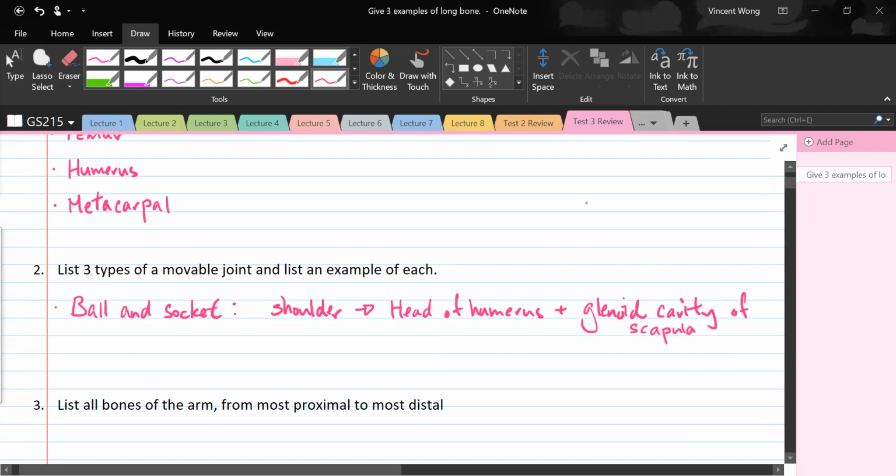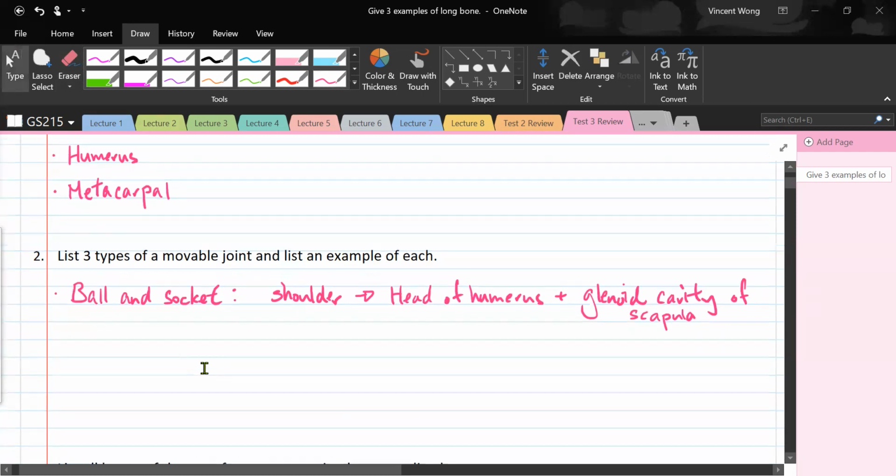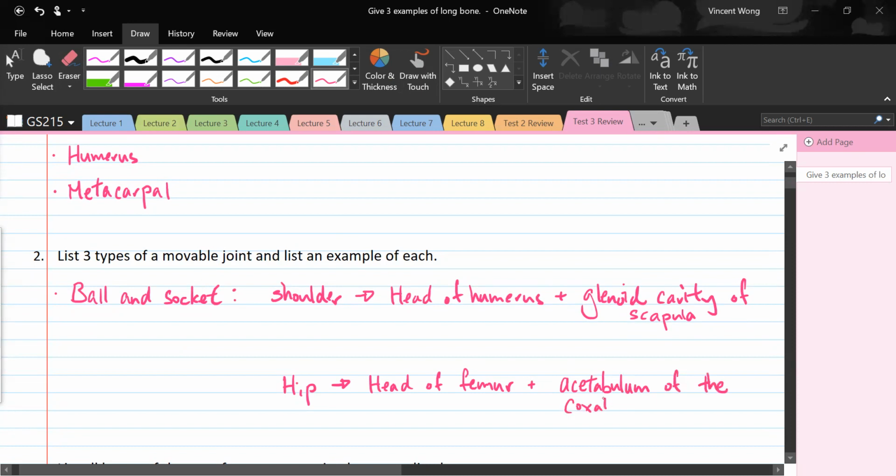The scapula is your shoulder blade, right? Okay. And then we have the other ball and socket, which is in the hip. That would be the head of the femur into the acetabulum of the coxal bone.